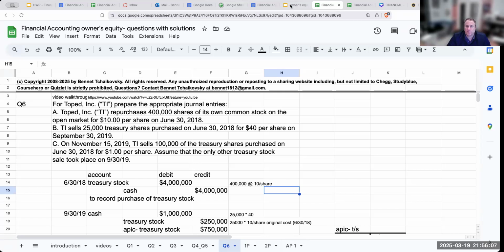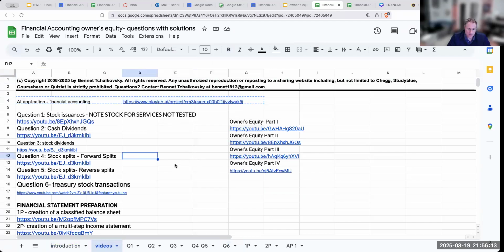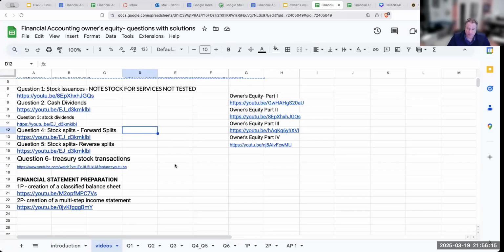Just like every other homework packet, there is also an AI application that you can use, and different videos that explain parts of it. However, on my exam, if you're taking my class, this generally appears on my final exam, and it's not going to be nearly as important as the cash flows, which is really our last packet.